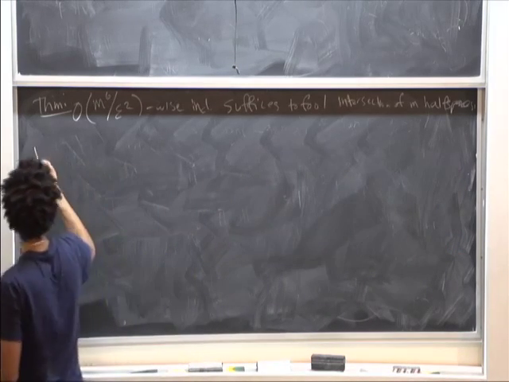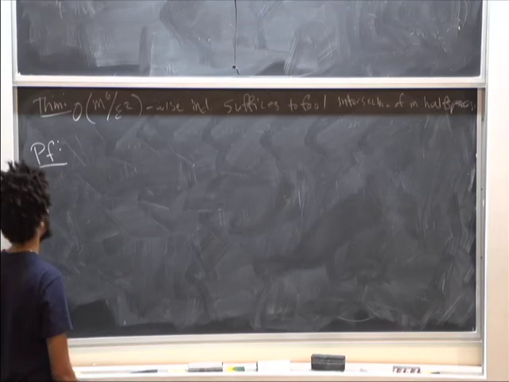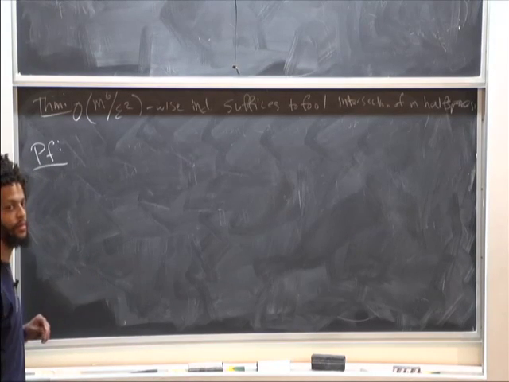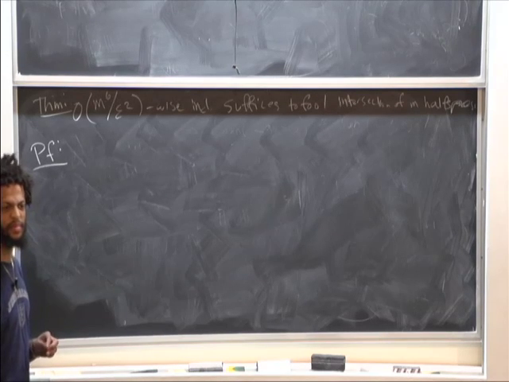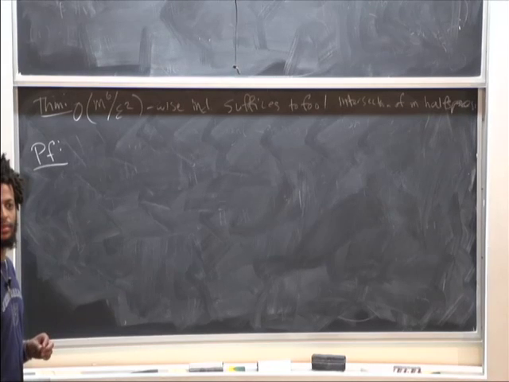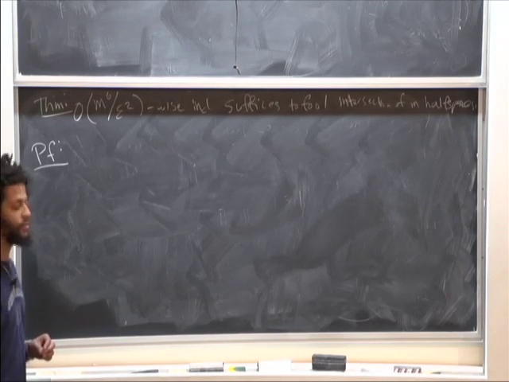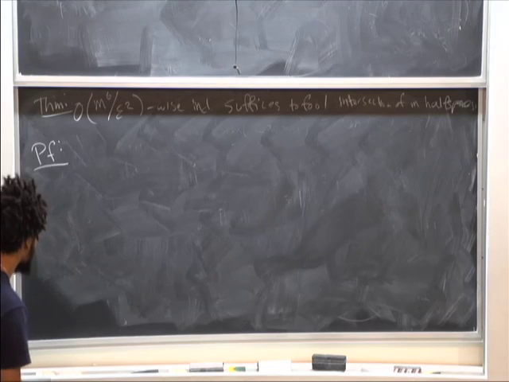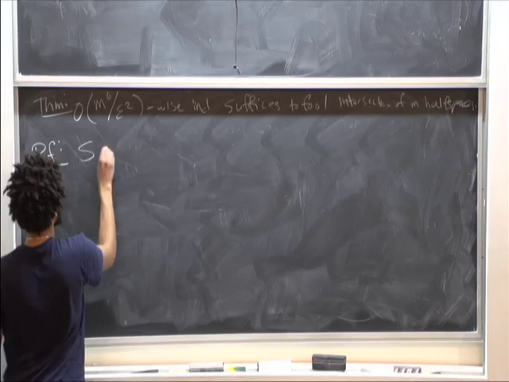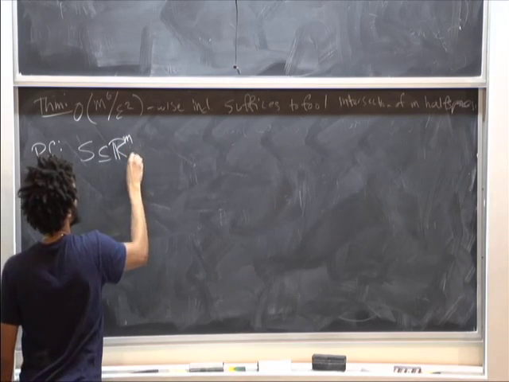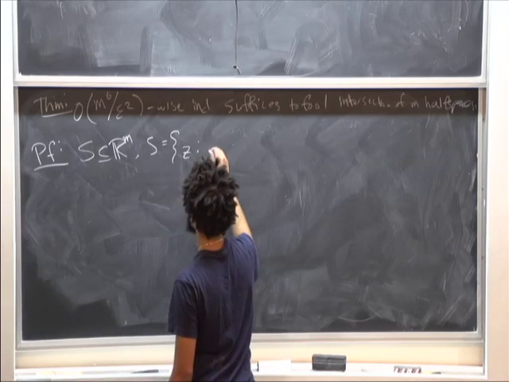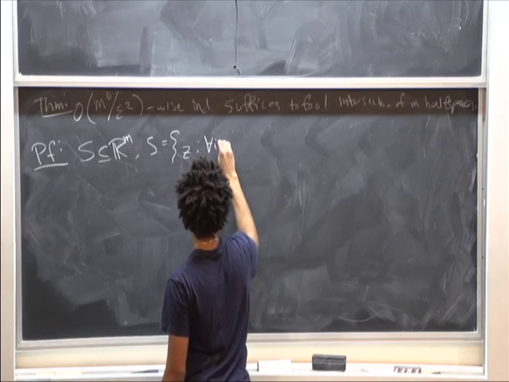Okay, so let's prove this. Proof. Let S, a subset of R^m, be the set of z such that, for all i equals 1 to m, z_i is greater than or equal to theta_i.